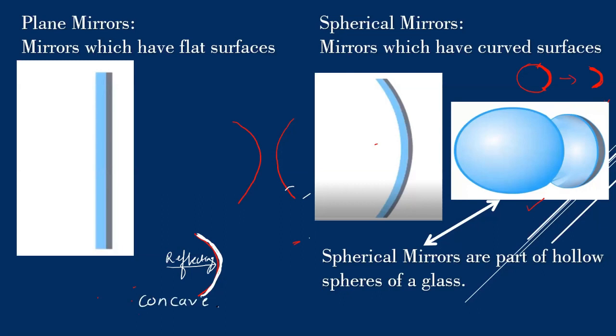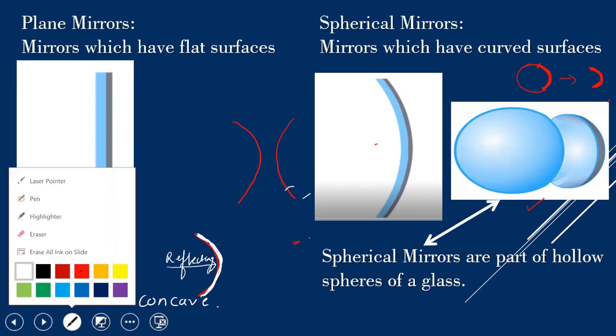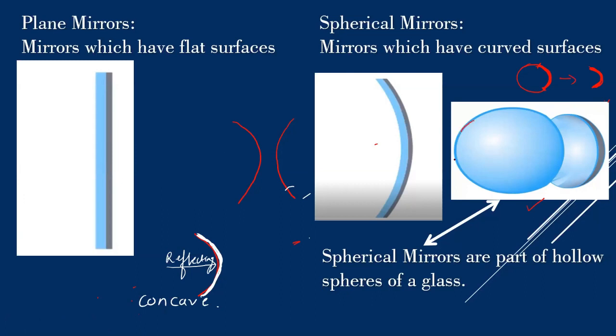Right? Now, just the way I have taken this concave surface, if I would have taken the other part, if I would have cut this part of the spherical ball, now I have this part as my curved surface, and I have coated another surface of this spherical ball with silver coating.